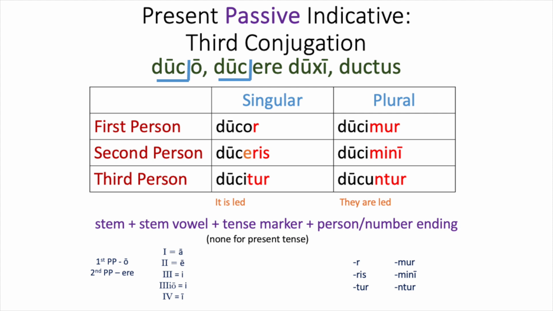Notice that just like we remembered with the future of first and second conjugation, that short I does not play well with the -ris, so that I becomes an E. So ducor, I am led; duceris, you are led; ducitur, it is led; ducimur, we are led; ducimini, y'all are led; ducuntur, they are led.